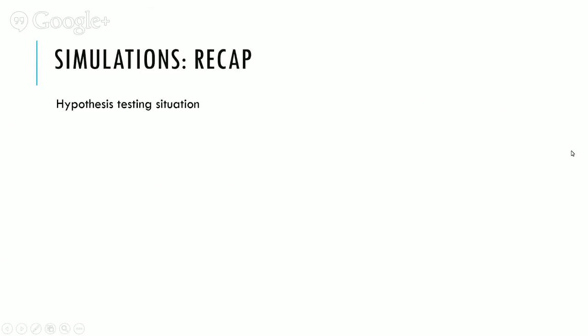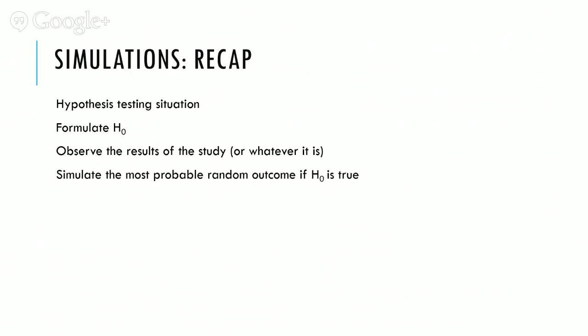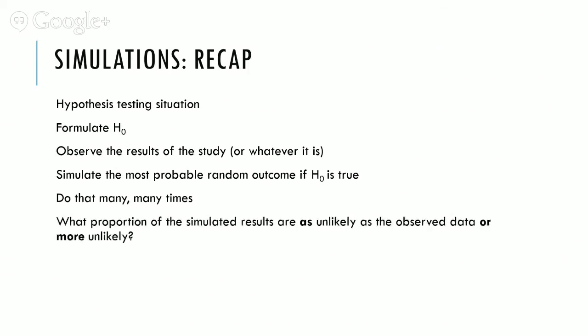To simulate, you come up with a hypothesis testing situation, you formulate what the null hypothesis is, and you observe the results of your study, and then you simulate the most probable random outcome if the null hypothesis is true a whole bunch of times, and then you count the number of times that the simulated results happen, and say how unlikely is it that our results would happen?